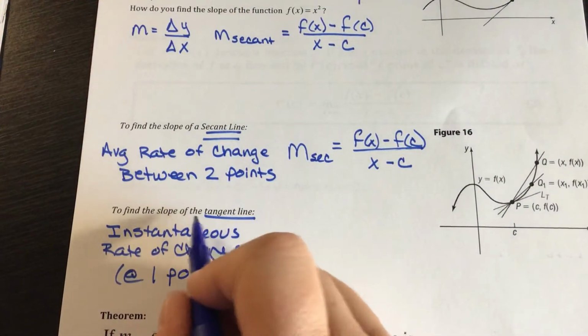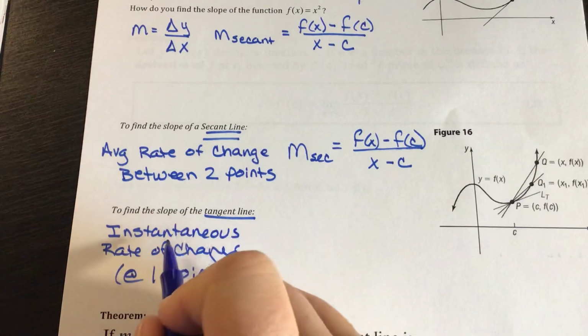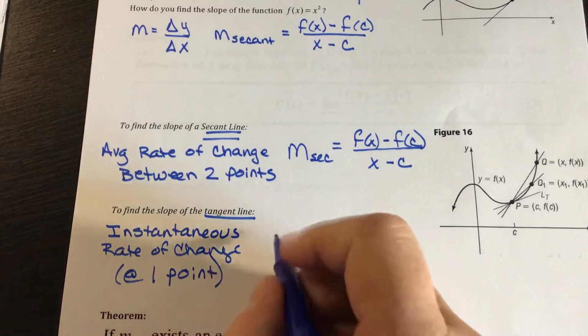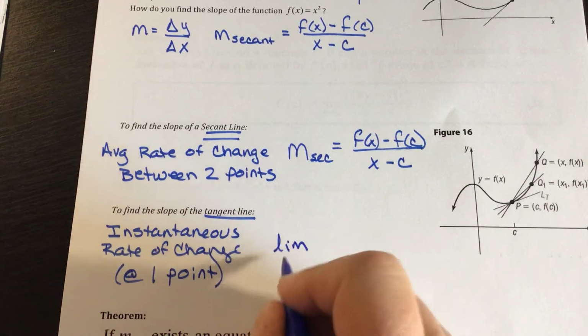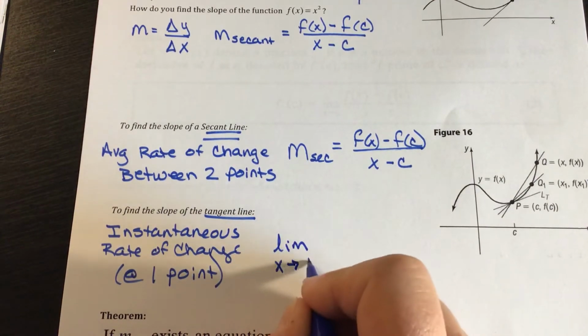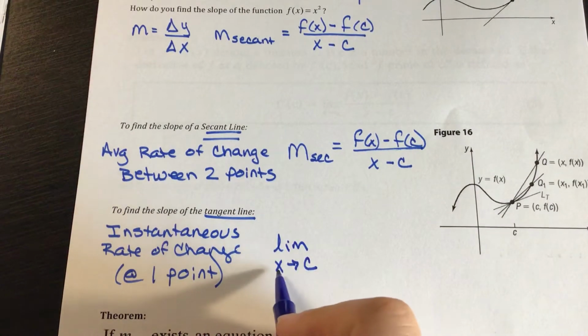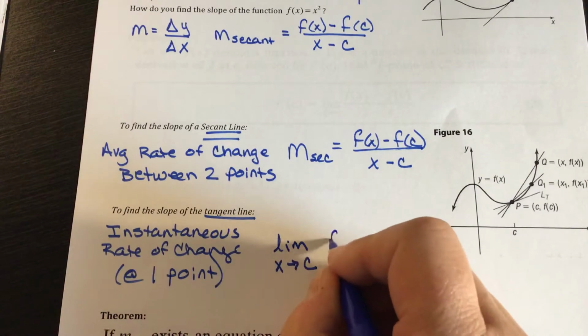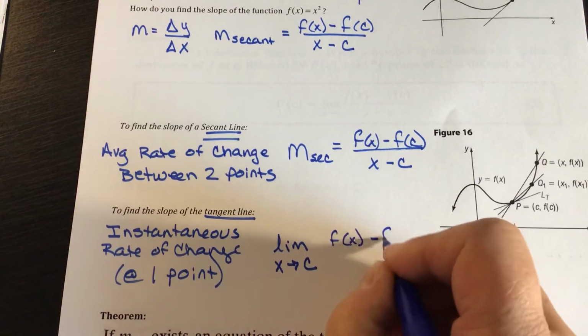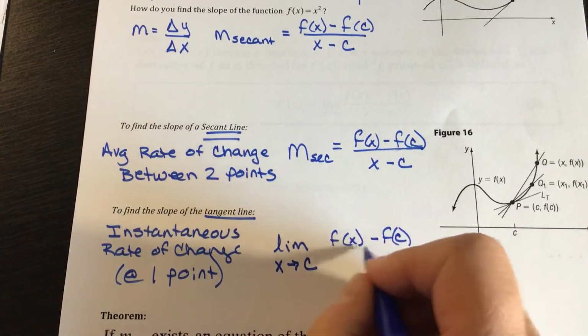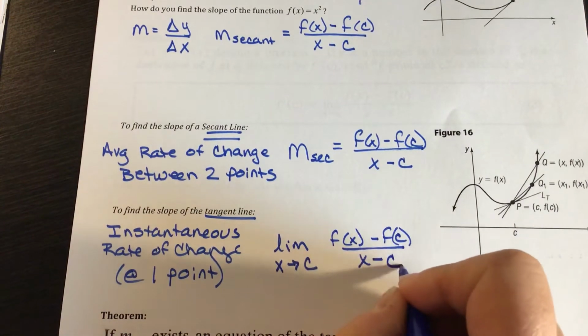So to find the slope of the tangent line, or the instantaneous rate of change, we have the limit as x approaches some number c, that number getting closer and closer to x, of f of x minus f of c over x minus c.